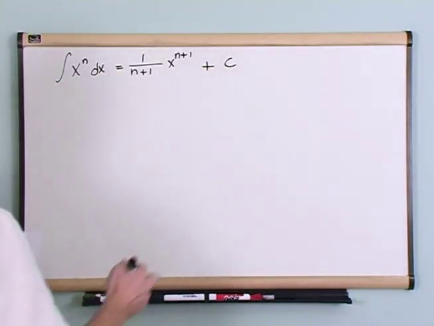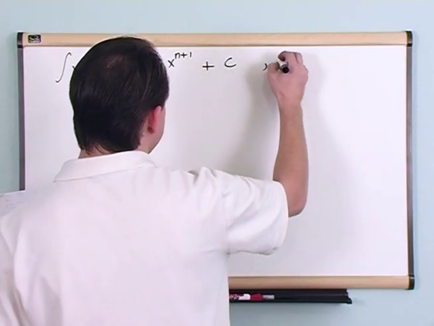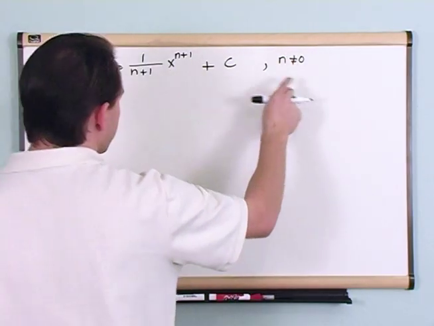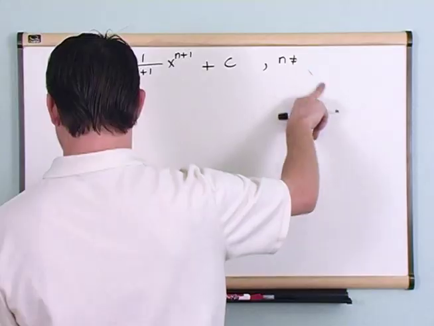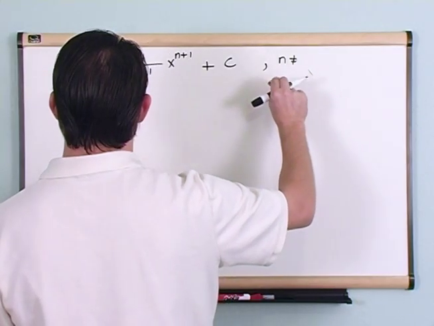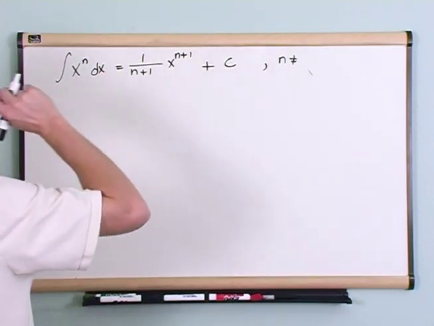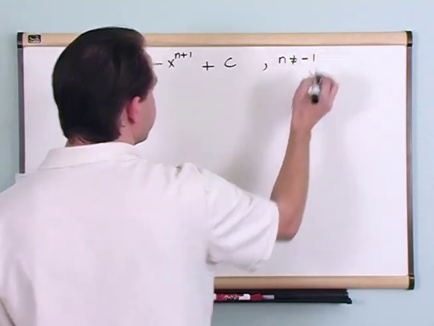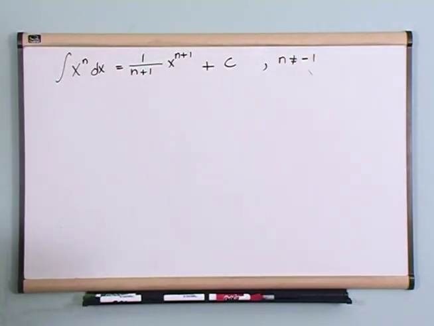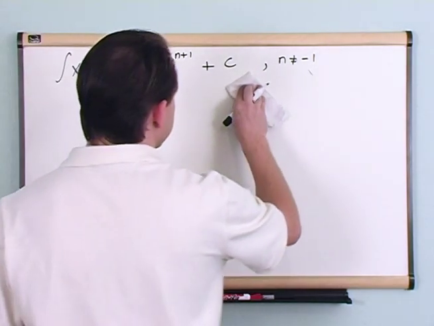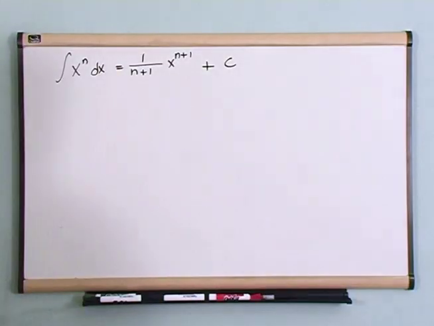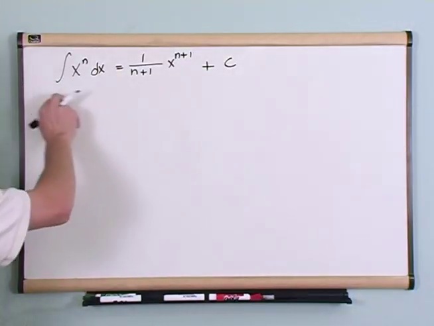Now, there's a small catch here that you'll learn about later. n cannot be equal to negative 1. And we'll learn about why later. In fact, we're going to learn about that so far later that I'm just going to erase that for now.